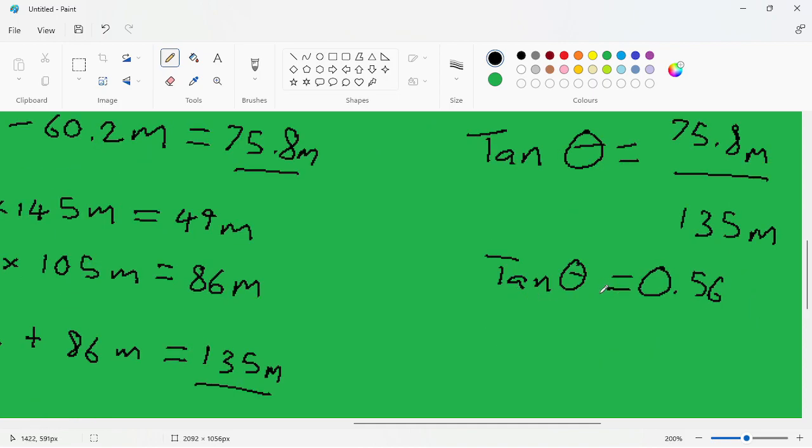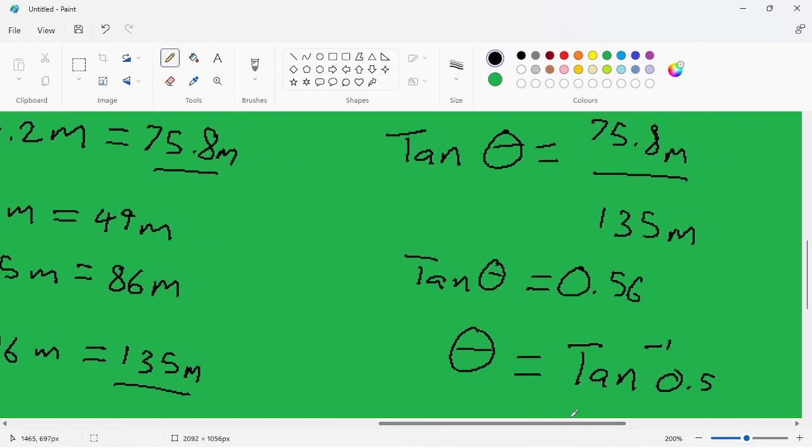What would we do to get theta? Because theta is what we want. Well, if we have tan theta on this side, we can basically say theta is equal to tan inverse of 0.56.